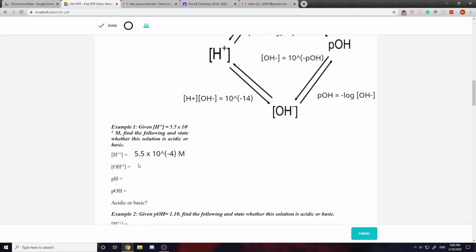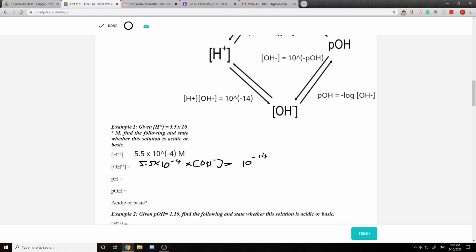Well, remember, if they're multiplied, it is equal to 10 to the negative 14. To solve for one, you have the concentration of H plus, which is 5.5 times 10 to the negative 4, times your concentration of OH minus, which we're trying to find, is equal to 10 to the negative 14.